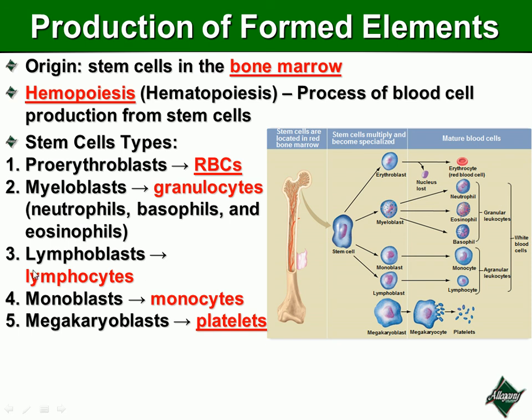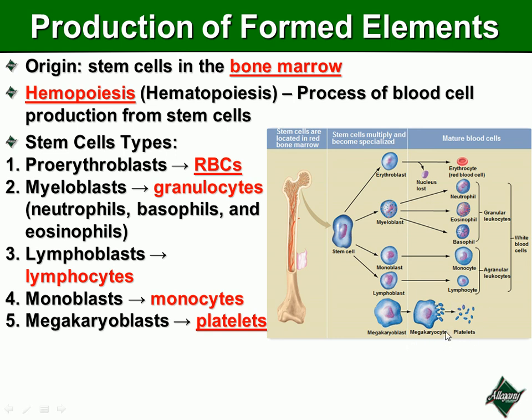And then the third type is the lymphocyte, which is formed from the lymphoblast. And then the monocyte is formed from the monoblast. So the monoblast will form the monocyte, lymphoblast will form the lymphocyte, and monocyte and lymphocyte are types of agranulocytes. Okay, and then finally the platelets again are just cell fragments from a bigger cell called megakaryocyte.